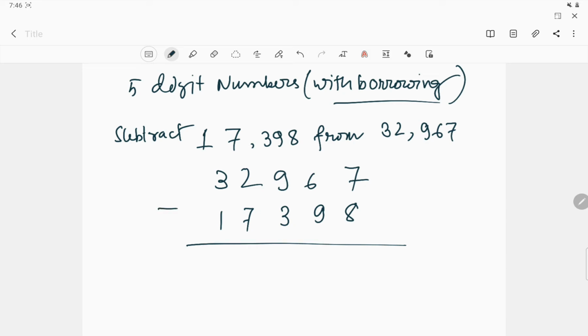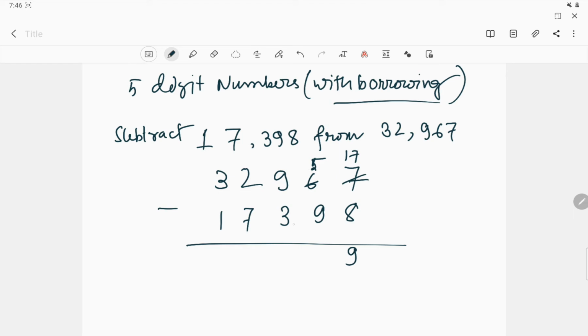Now subtract this. In the ones place 7 is less than 8, so you have to borrow 10. Right, so it will be 17 and it will be 5. So 17 minus 8 is 9. Here it is 5 also.